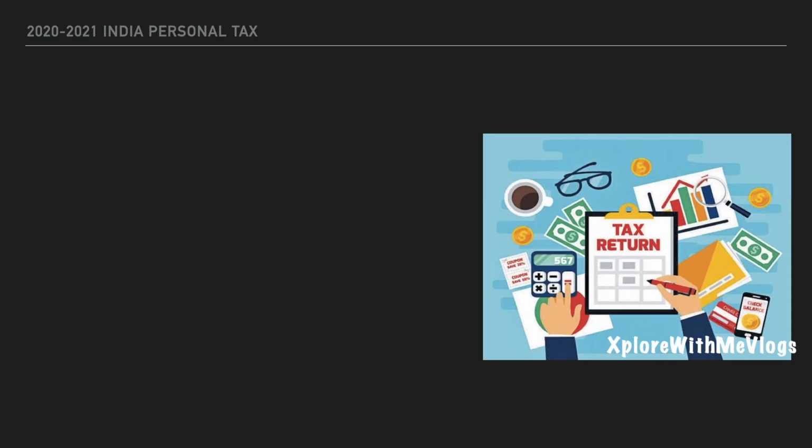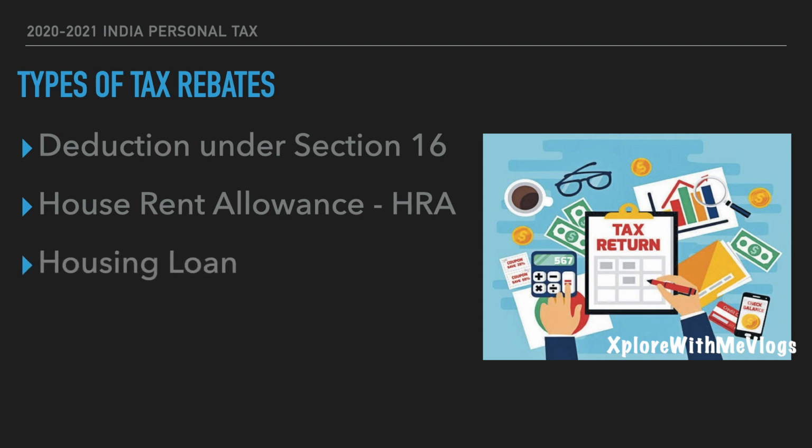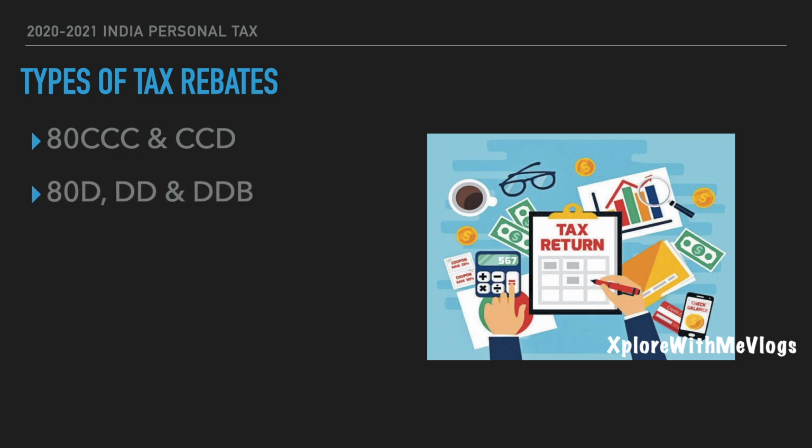I will jot down the points here and we will discuss the points in detail in later slides. The options for tax rebates are: first we have deduction under section 16, next we have the house rent allowance, which is also called HRA, then we have the housing loan and also the famous section 80C. Continuing further we have the subsections of 80C which major on national savings, which are 80CCC and 80CCD.